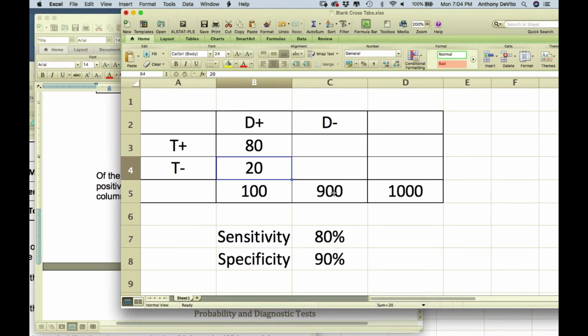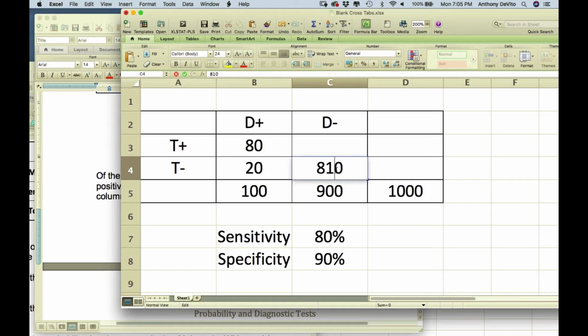So let's go over to our specificity, right? 900 people don't have the disease. How many would we expect to test negative? Well, 90%, right? Which 90% of 900 would be 810, right? You have the right idea, except that you were looking at it from the other 10%, right? How many people that don't have the disease would we expect to test negative?